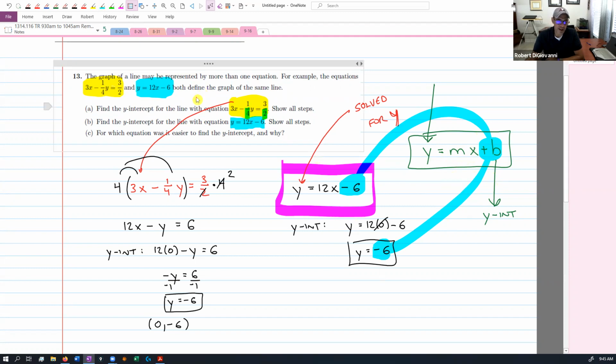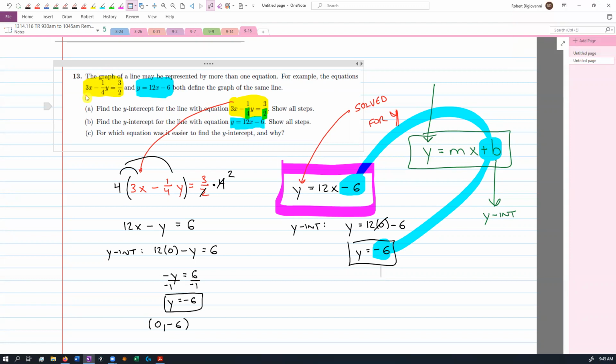If it's hard to solve for y, like the yellow one here, where we have to do some work, then I would just do the intercept method. Find the x-intercept by replacing y with 0, find the y-intercept by replacing x with 0, and solve. But I don't care how you do it. Both ways you should draw the same line no matter what.